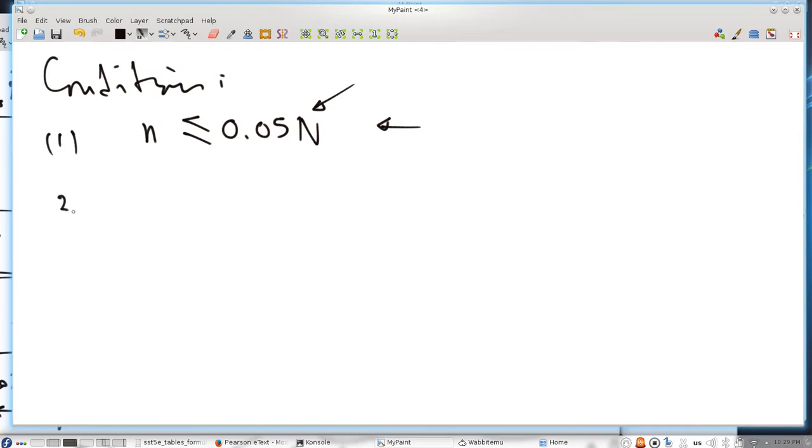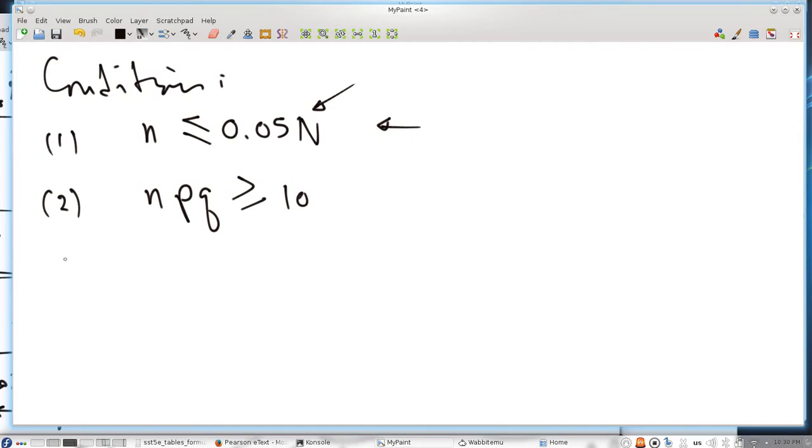Condition number 2 is that the product of the sample size, the probability of success, and the probability of failure must be at least 10. If the product of these three quantities is less than 10, then we know that it fails the test, and we cannot proceed to compute the properties of the sampling distribution of the sample proportion, because it does not possess a normal distribution.